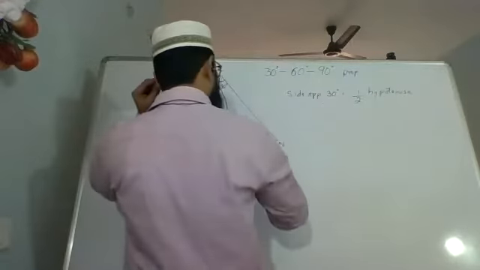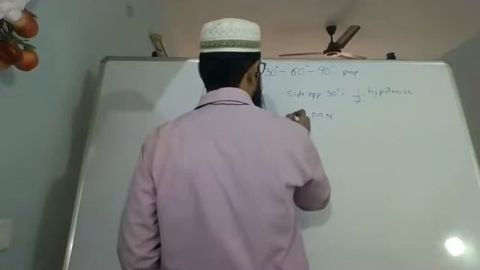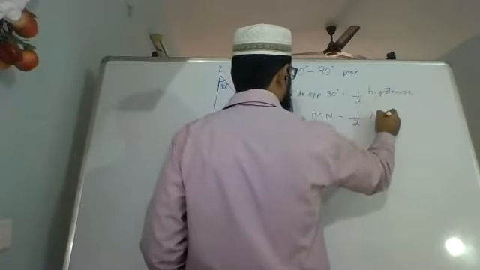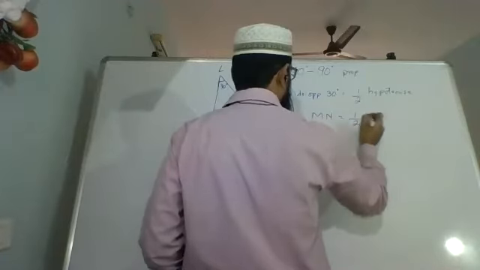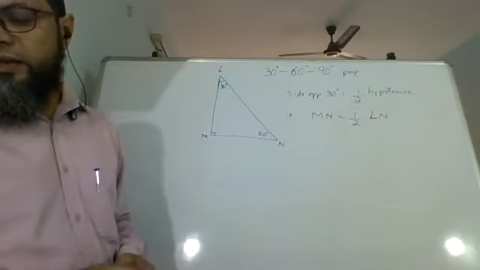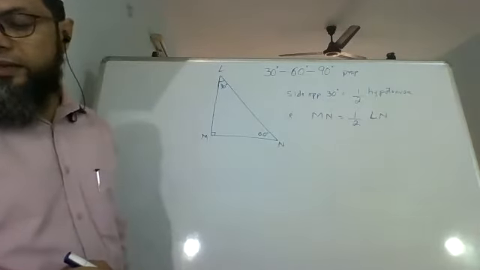The side opposite to 30 degrees is MN. Half of the hypotenuse, that is LN. MN equals half LN.